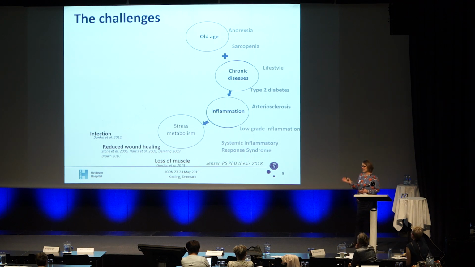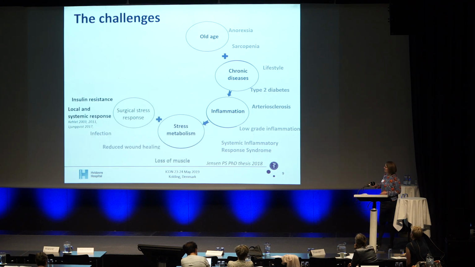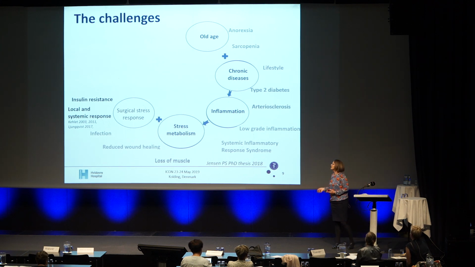And we already know, and you've probably also heard from Professor Khaled, that this leads to loss of muscle, reduced healing and infections, and then we operate on them. They undergo major surgery. So we have what we call the surgical stress response on top of all of the other things. And that leads to a local and a systemic response and insulin resistance. And insulin resistance means that the patient cannot use whatever nutrients they get. So this is a problem.